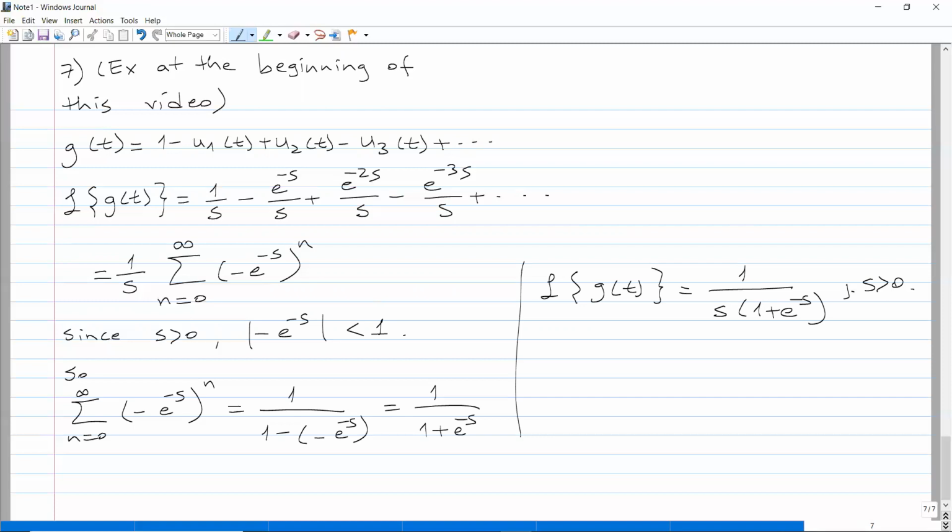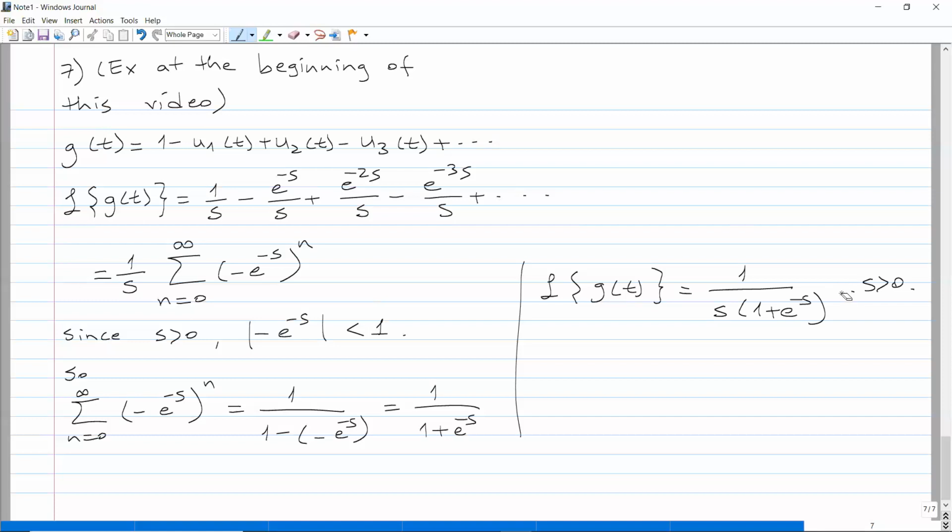Okay, so these are just some examples on how to compute Laplace transform of partially defined functions. And now we can use this to solve linear differential equations, when the function on the right side of the equality is piecewise continuous, or any partially defined function.